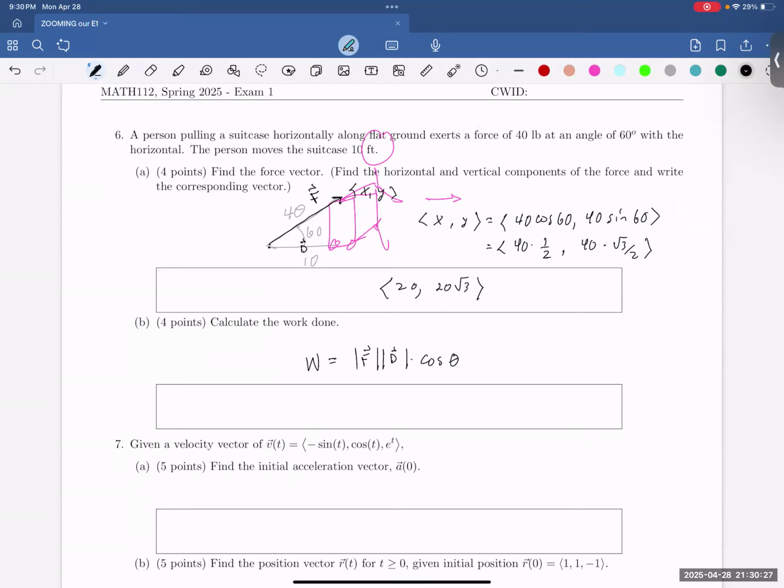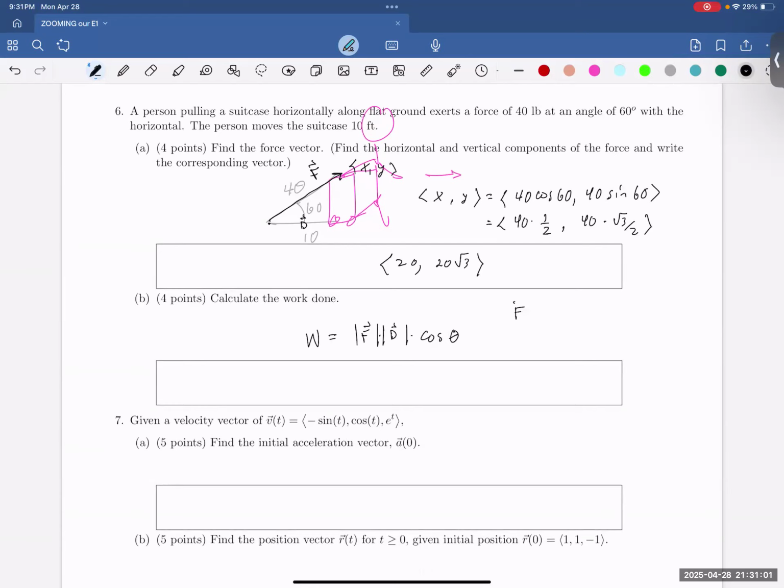So if we had f dot d, that's the length of f times the length of d times cosine of the angle.